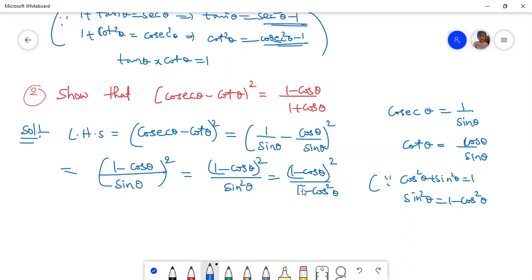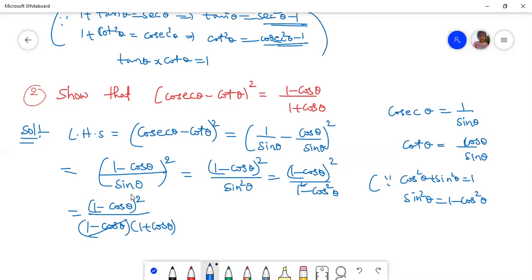If we take 1 as 1 square, then it is in the form a square minus b square, and we should split into factors. The numerator is 1 minus cos theta whole square. The denominator can be written as 1 minus cos theta into 1 plus cos theta.